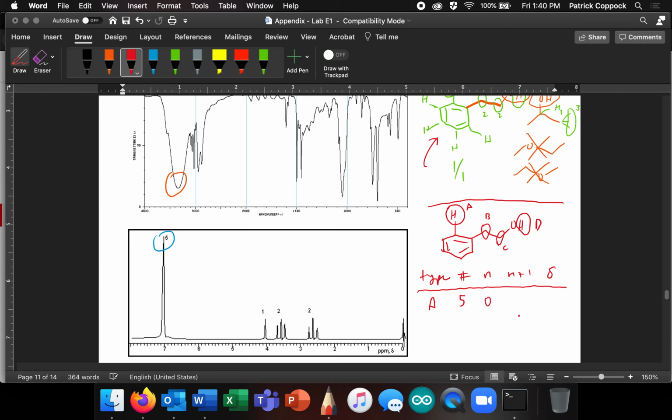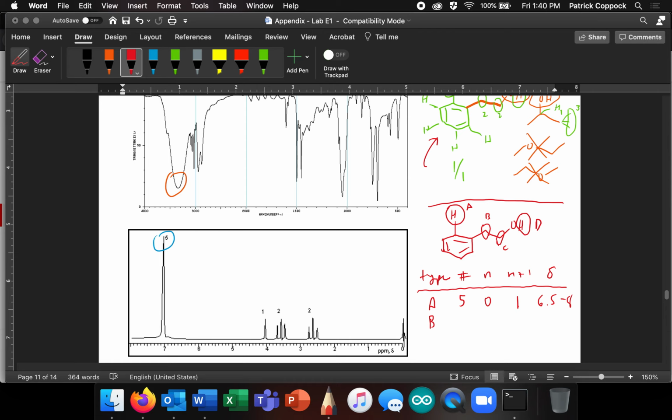I'm treating a benzene ring like 0 neighbors. And so it's going to be a singlet, and it's going to be between 6.5 and 8. Look on page 666 for that number. Okay, B, that's methylene. It's also on page 666.